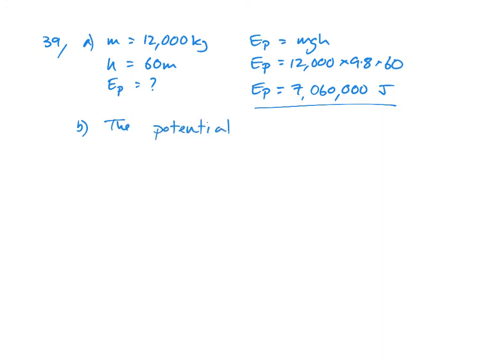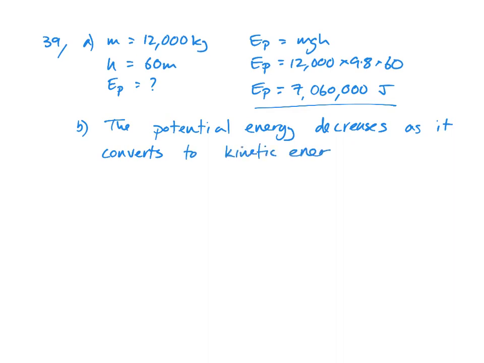So what happens to the potential energy as it descends? As it descends, the height's getting smaller, so the potential energy decreases. Now you didn't actually need to put that explanation in because it didn't ask to explain, it just said describe.